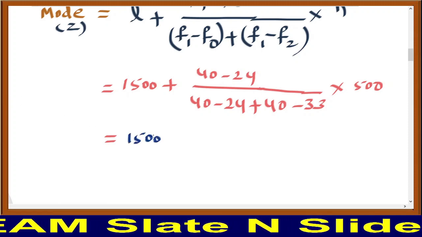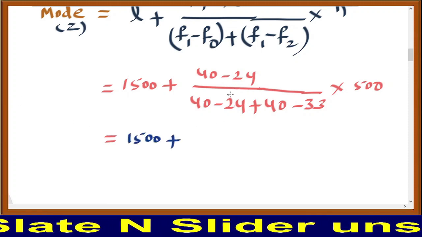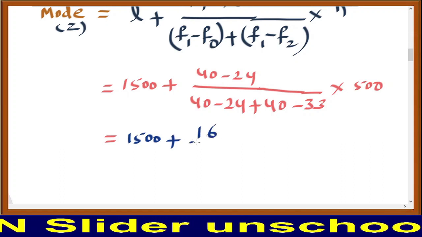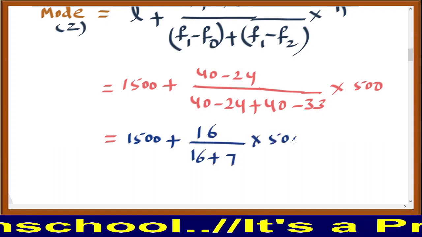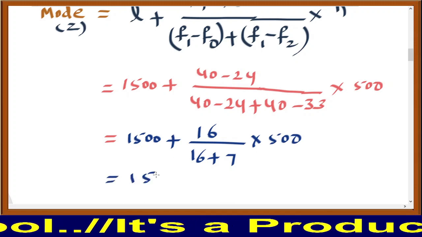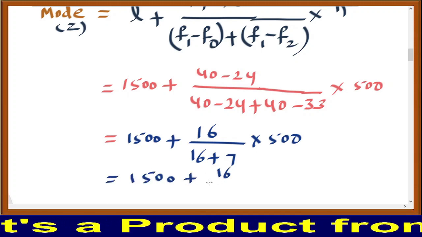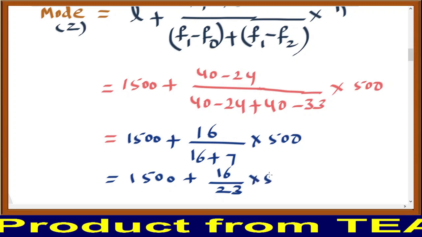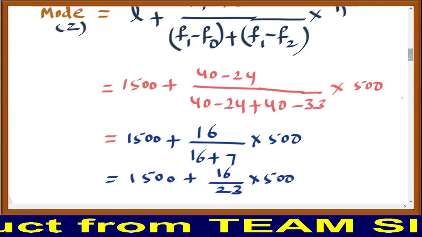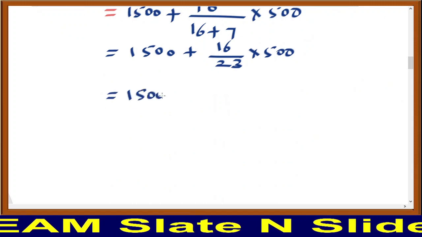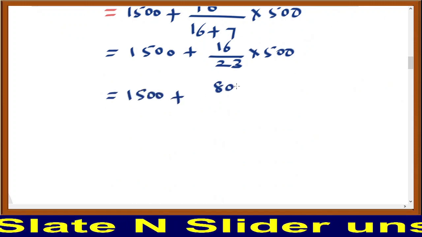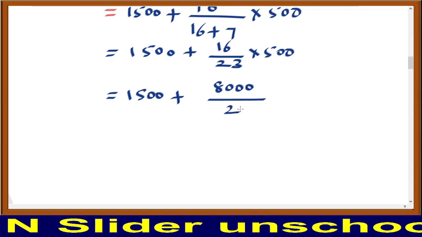Simplify. 1500 plus 40 minus 24, that is 16, by 16 plus 7, into 500. So by simplification it will become 1500 plus 8000 by 23.